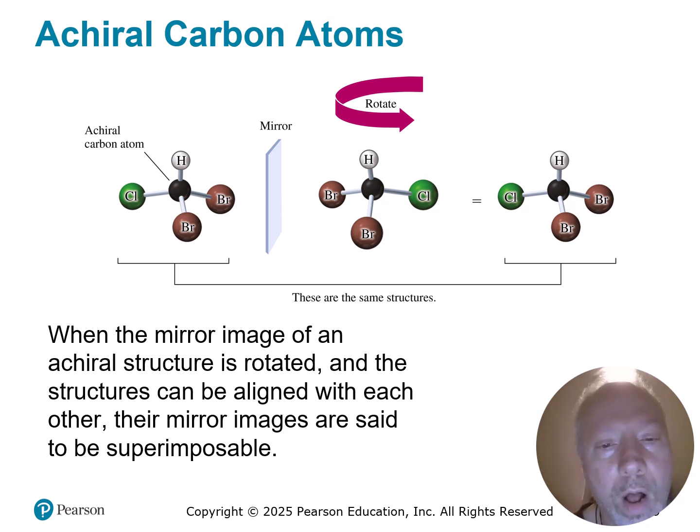So you can line all this up and see, can we superimpose this? And you could. If you turn this, you could put this molecule over the top of that and the chlorines and the two bromines would line up. And guess what? We have the same molecule. It's achiral. These are not enantiomers. In fact, they're the same molecule.